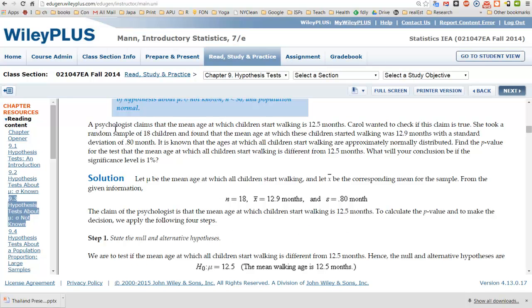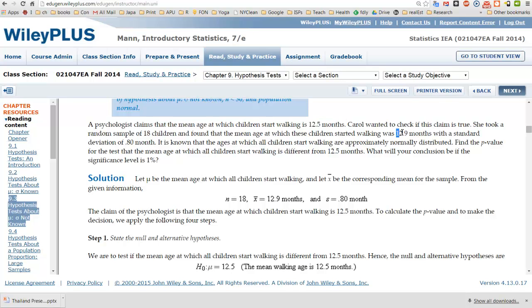So here's an example. A psychologist claims that the mean age at which children start walking is 12.5 months. Carol wants to check this claim, so she took a sample of 18 children and found that the mean age at which these children started walking was 12.9 months. So the question is, can we reject this hypothesis? And instead of doing it by setting up a rejection and acceptance region, we do it with the p-value.